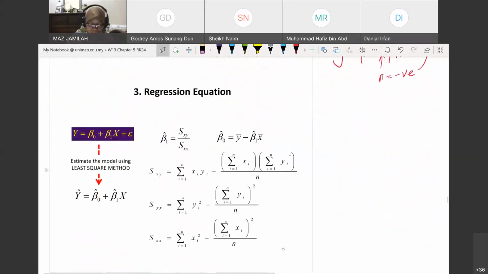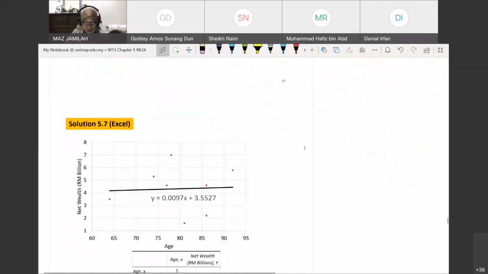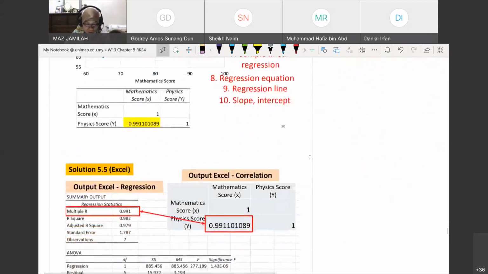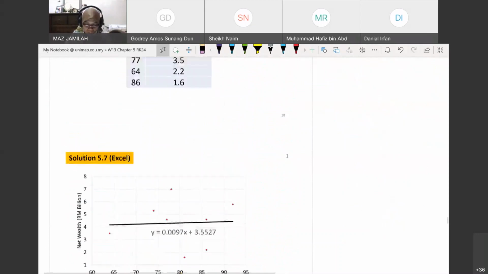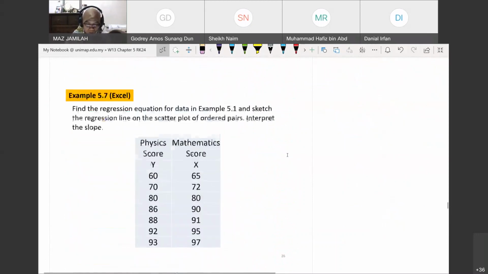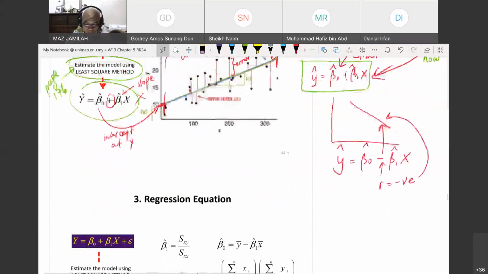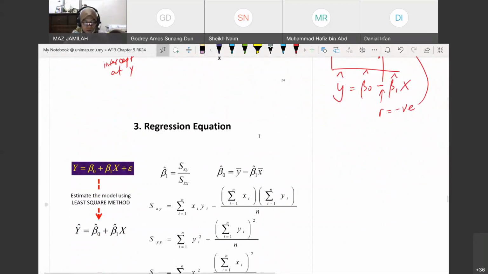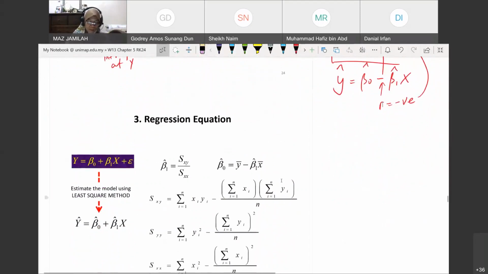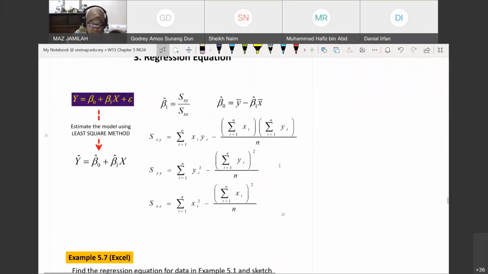Now, what is my regression equation? I think I need to stop at this slide. Very quick, because you are not going to do it manually. Excel is going to help you calculate beta 1 hat and beta naught hat, and you don't have to worry about this one just now.